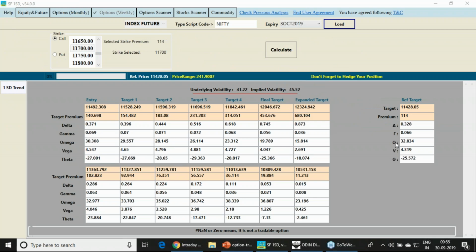You must tell me when to come out of this strategy. Market can go up also. I have bought the 11,400 call option and sold the 11,700 call option, 2 lots. This I have sold, this I have bought.